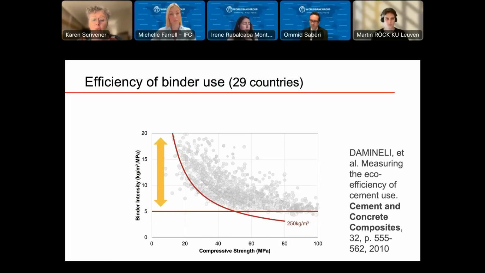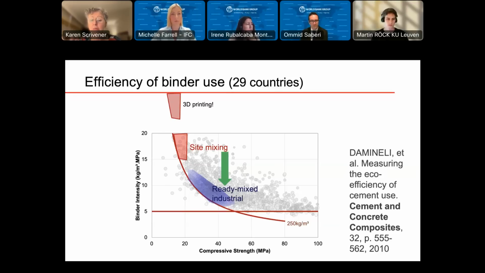And one way we can reduce this dispersion is by going away from site mixing to modern methods of industrial production like ready mix, and certainly not going to things like 3D printing, which is taking us in the opposite direction. We need to use cement more efficiently in concrete.